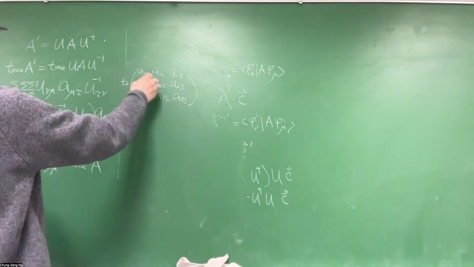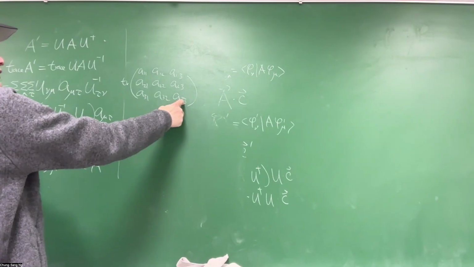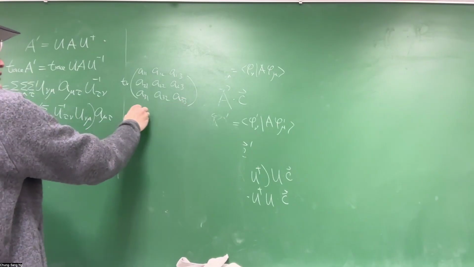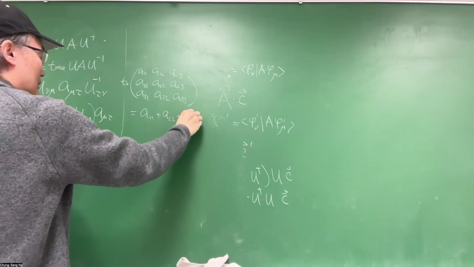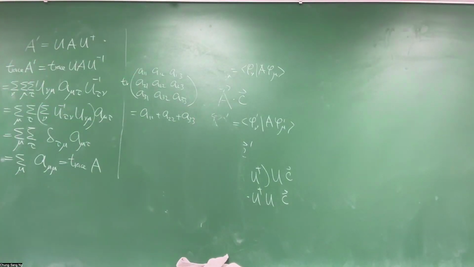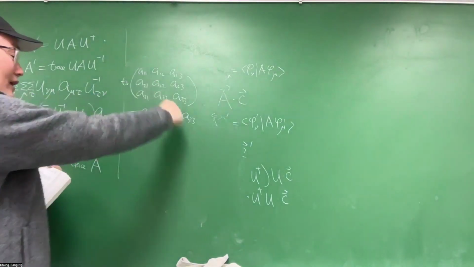The trace is nothing but adding up all the diagonal terms. It's just A11, A22, A33, and that generalizes to any dimension.